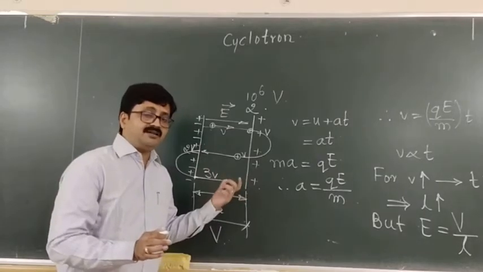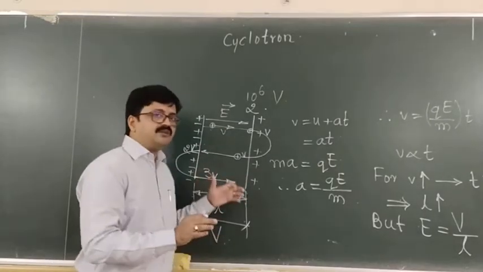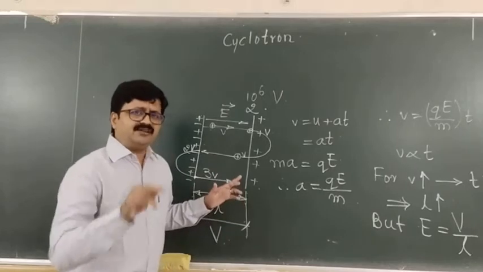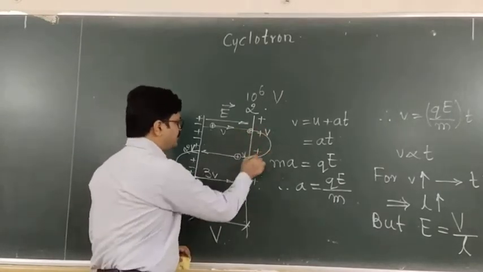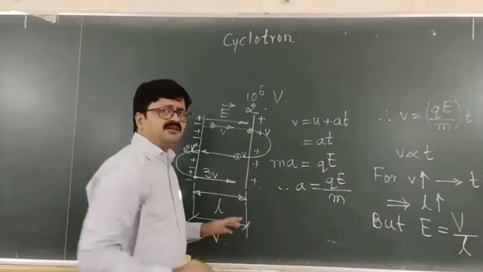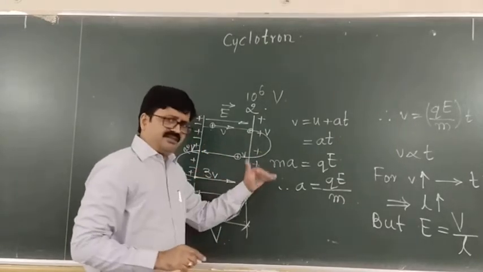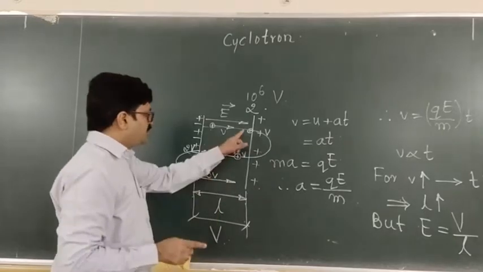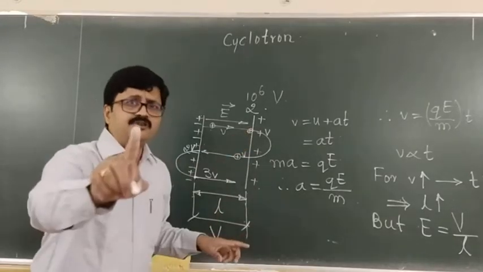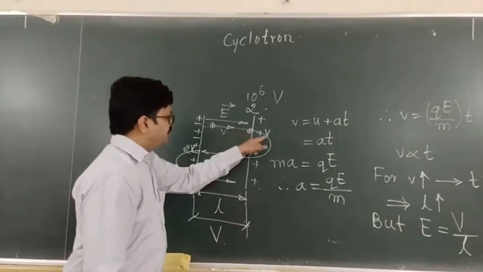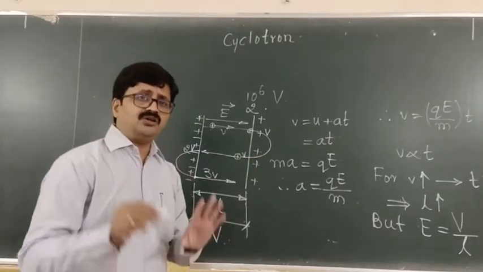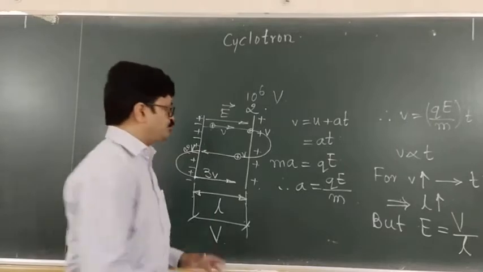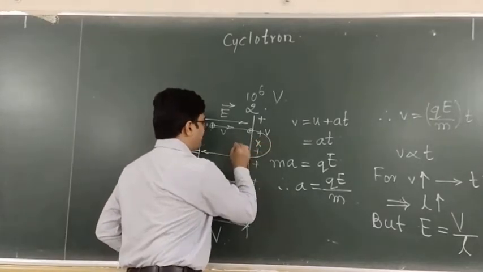That means for half a cycle it will be positive and for the next half cycle it will be negative. Under this scenario, what happens here? The charged particle will be reversed in motion. And in order to maintain constant speed, it has to follow what? Uniform circular motion. In order to follow that uniform circular motion, I will make use of what? Magnetic field.